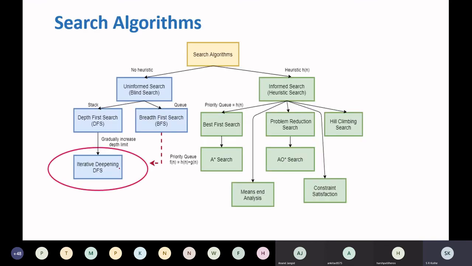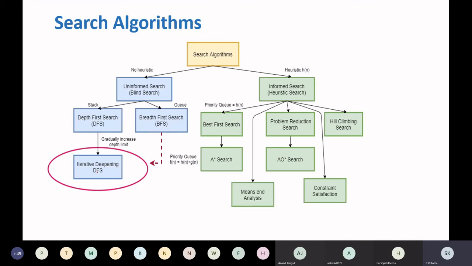It's a variation of DFS. What change are we going to make? Gradually, we will increase the depth limit, but here it will work like a breadth first search also. So that is what the iterative deepening depth first search algorithm is.